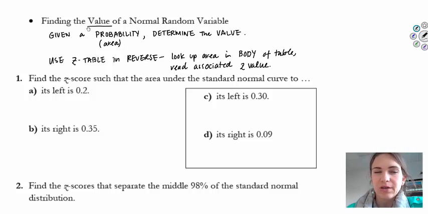This can be kind of tricky because you're looking at a lot of numbers inside the table, but at least they're not random numbers in there. We'll practice just using z-values, and then we'll look at some applications.